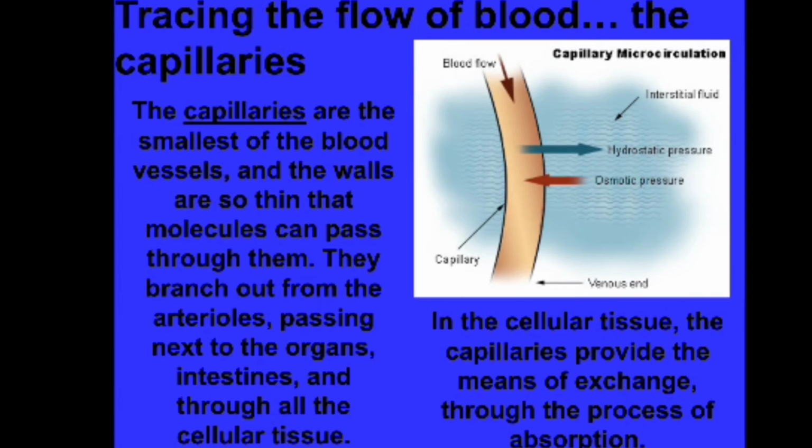Here the capillaries are the smallest of the blood vessels and the walls are so thin that molecules can pass through them. They branch out from the arterioles, passing next to the organs, intestines and through all the cellular tissue. In the cellular tissue, the capillaries provide means of exchange through the process of absorption.